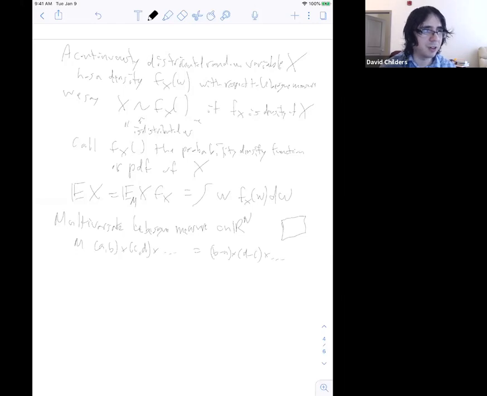And so in particular, by the same results, we can say that the expectation of X(omega) is equal to this multiple integral over however many dimensions this is, n dimensions, of X(omega) d omega_1, d omega_2, and so on up through omega_n.